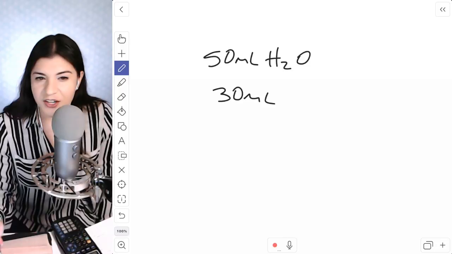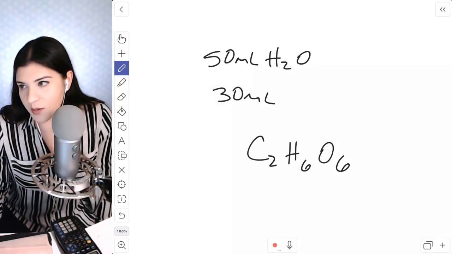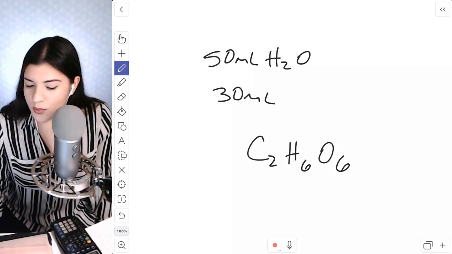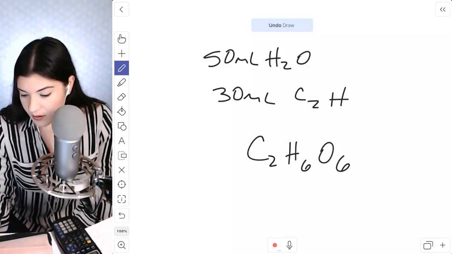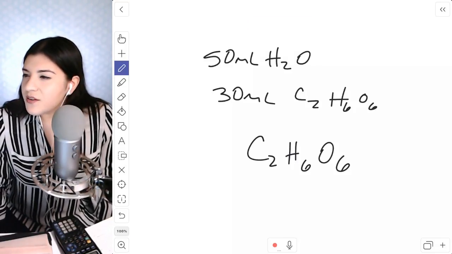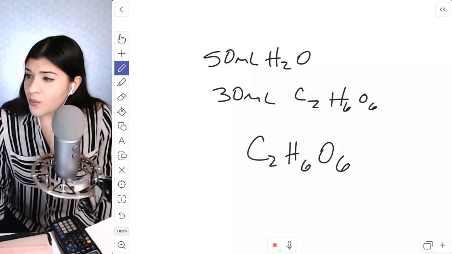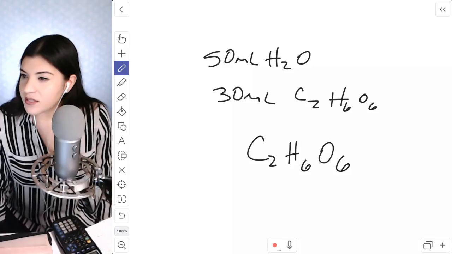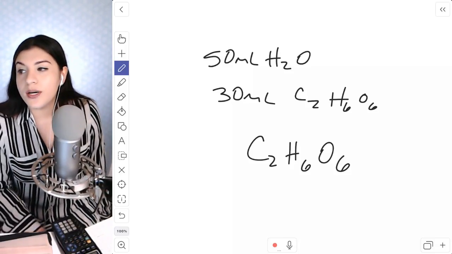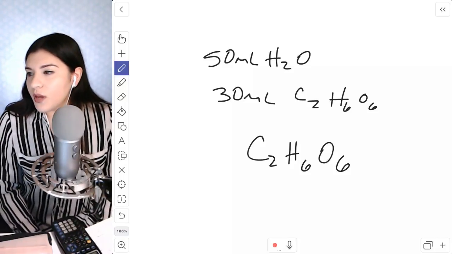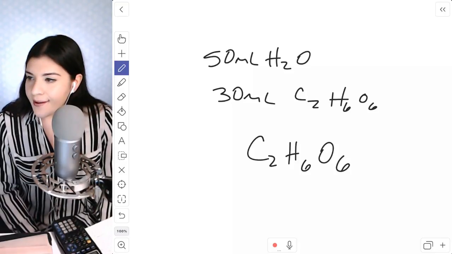So oxalic acid dihydrate would have been C2H6O6, and then we have water. What's the other part of the question? If we added 50 mL of water to dissolve that instead of 30, would that require more or less or the same amount of NaOH solution to titrate? I see. So if we added more, you're pretty much diluting this.